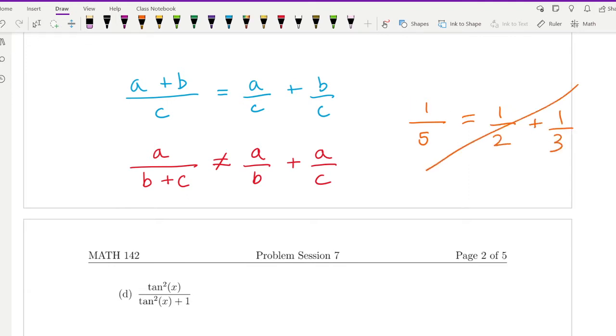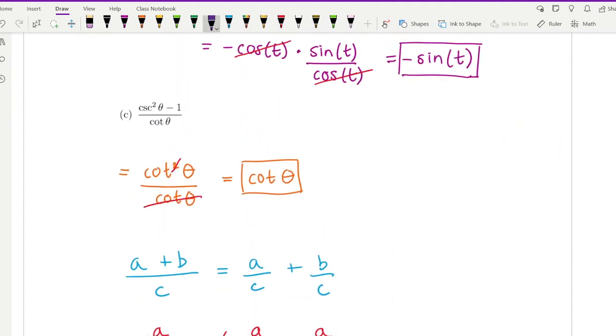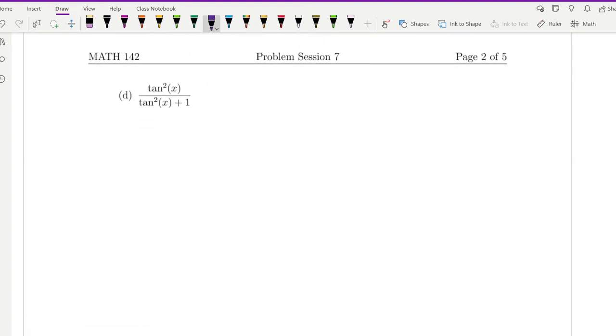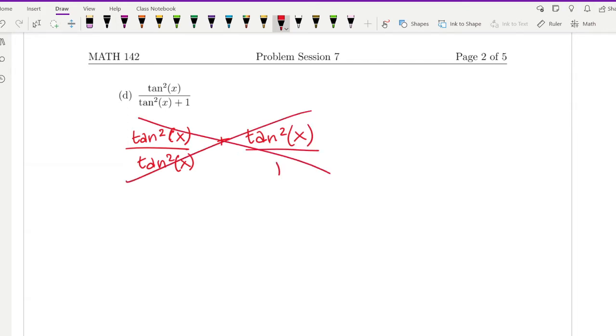So just be careful that when you're working with expressions that look like the first one, you can split that up into two fractions if you want. When you're looking at expressions that look like this one, it may be tempting to try to split this up and say, oh, tangent squared of x over tangent squared of x plus tangent squared of x over 1. That just doesn't work. You can't split it up that way.